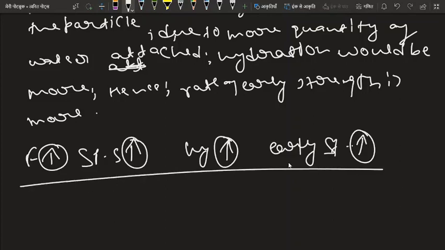Now, one thing which is important for the fineness test of cement: fineness of cement has no effect on ultimate strength. If fineness is more, specific surface is more, hydration is more, and early strength is more.